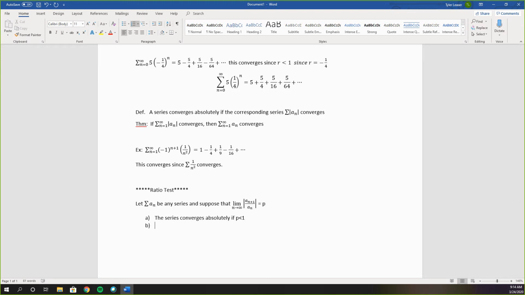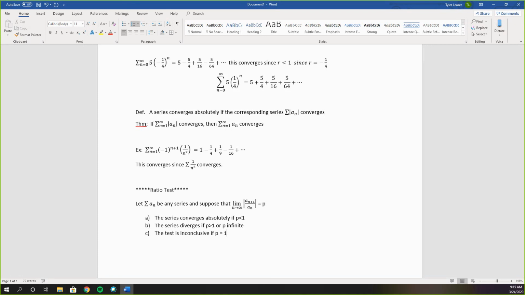So if the ratio of the sequence terms comes out to be a number less than 1, the series converges absolutely. The series diverges if p comes out to be greater than 1, or if it goes to infinity. And then the test is actually inconclusive if p comes out to be exactly 1.